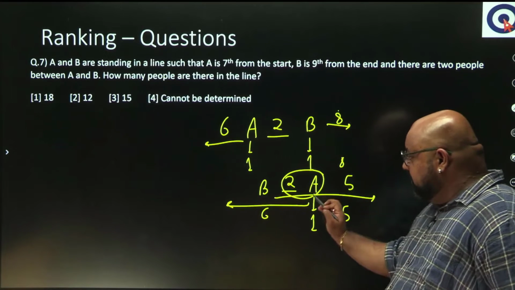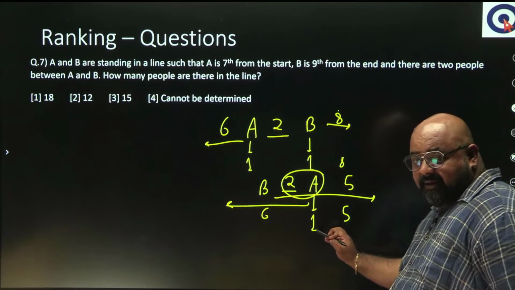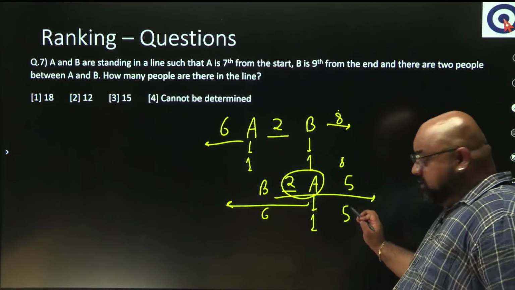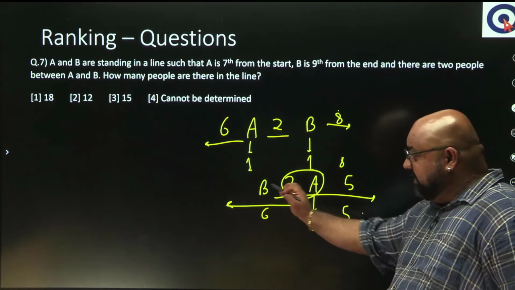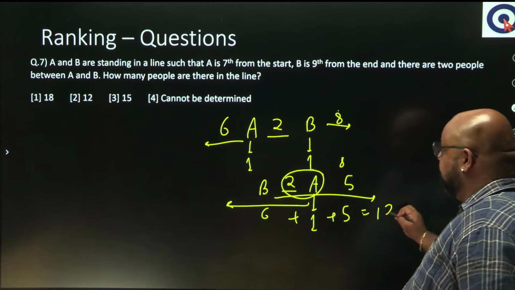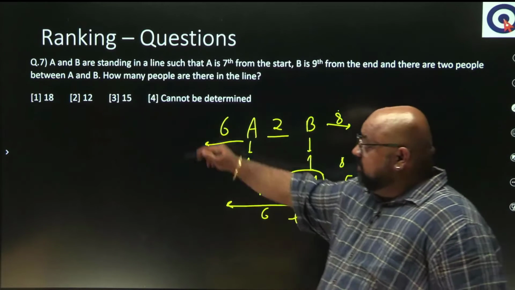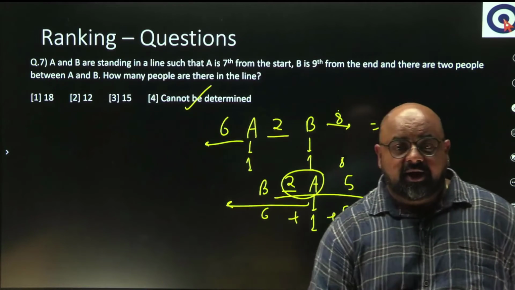And therefore 6 people before A, then A, and then 5 more people. 5 plus 1, 6 plus 2, 8. Therefore, B is 9th from the end. So, in this case, the total number of people would be 12. Because there are 2 separate answers possible, the answer becomes cannot be determined.